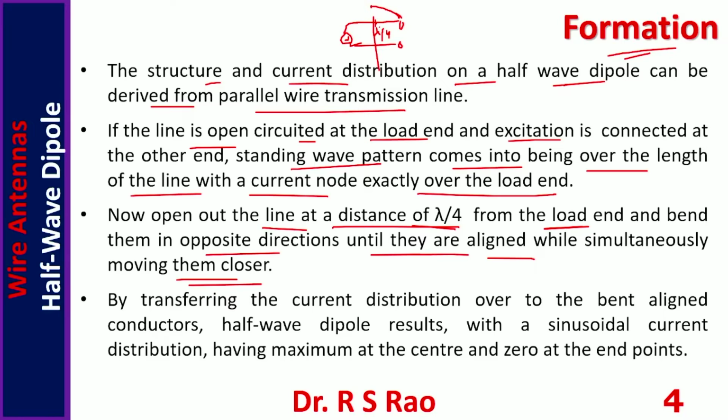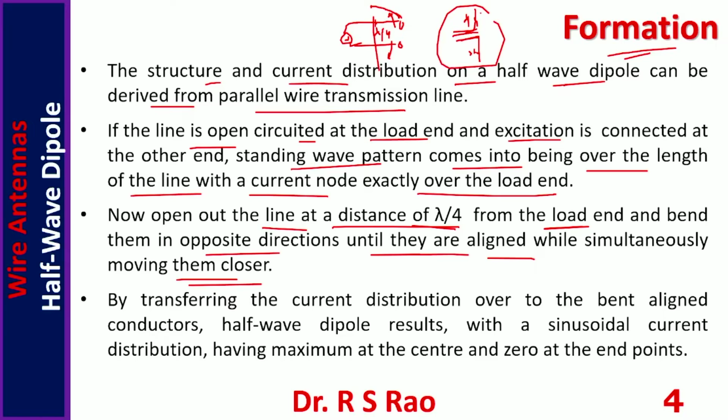Current maximum exists. Now to form half-wave dipole, move the top conductor upwards and the bottom conductor downwards until they are vertical like this. This is lambda by 4. This is another lambda by 4. Now move these conductors near to each other as much as possible. The resultant structure is half-wave dipole.